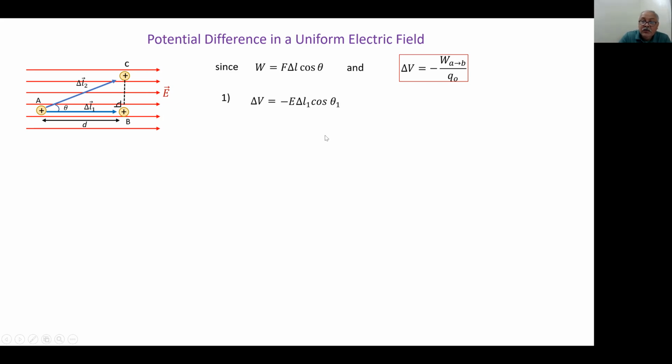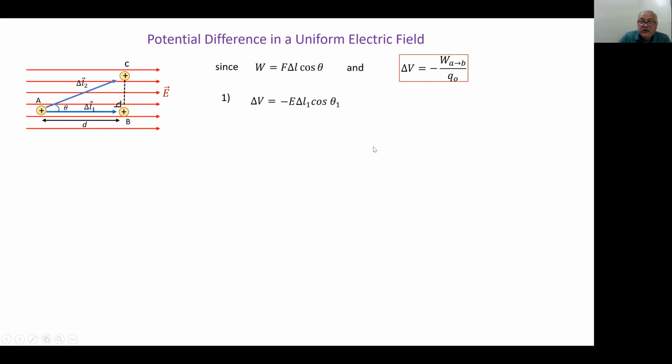Remember, work is F delta L cosine theta, but what is F? F is equal to the electric field times the charge. But we divide that by the charge, and what do we have? We have negative E delta L1 cosine theta 1, because we are in case one.